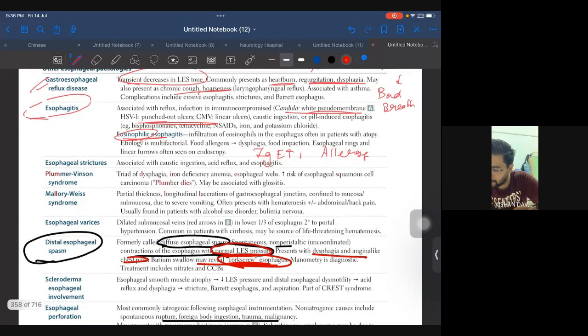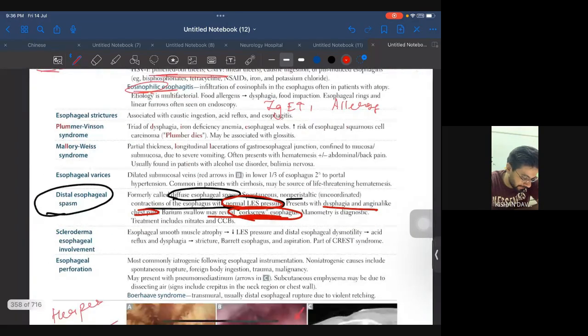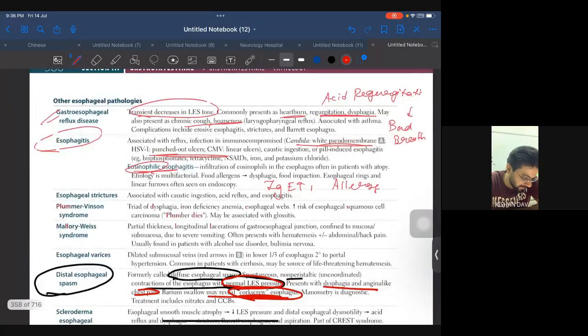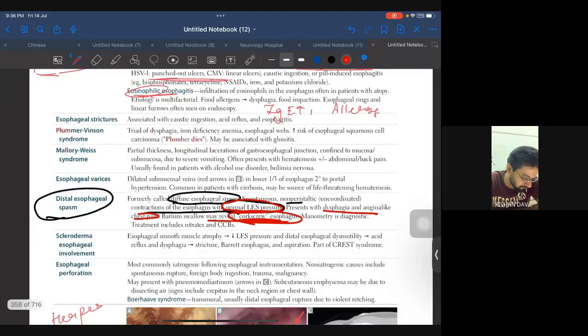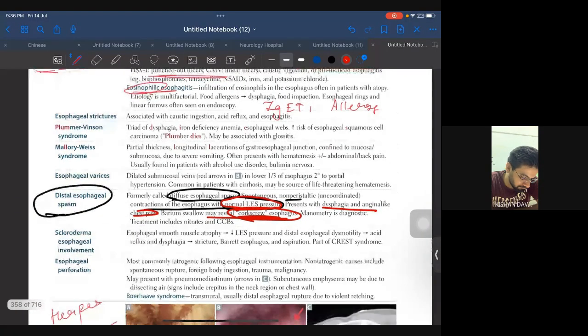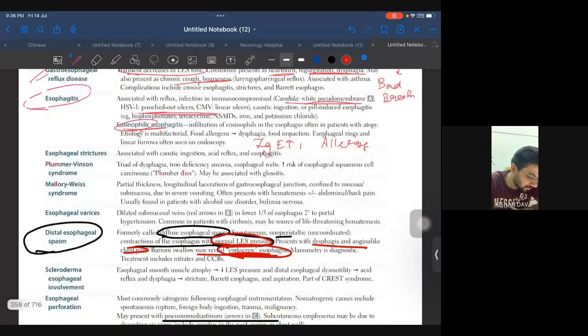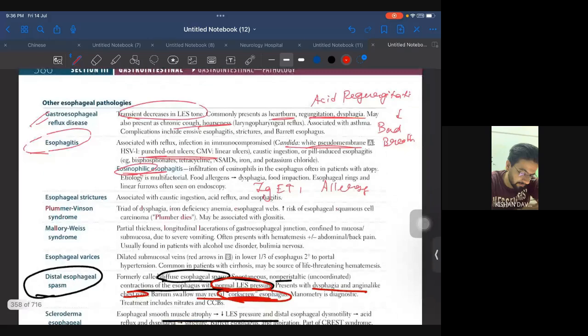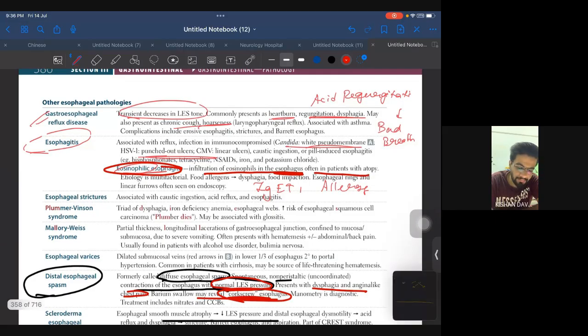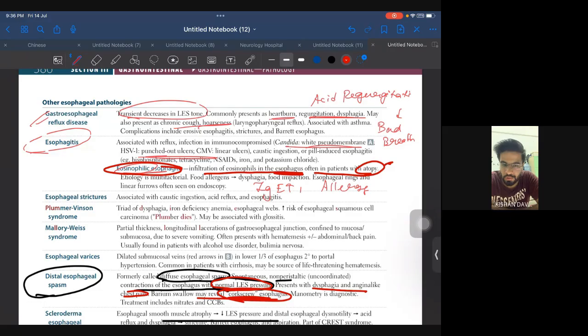After that, let's go to eosinophilic esophagitis. Not given here, okay, it is given in this one. Eosinophilic esophagitis: infiltration of eosinophils in the esophagus, often in patients with atopy. You know atopy, you have studied atopic dermatitis and all those things. So with eosinophils, obviously there has to be some allergy problem.